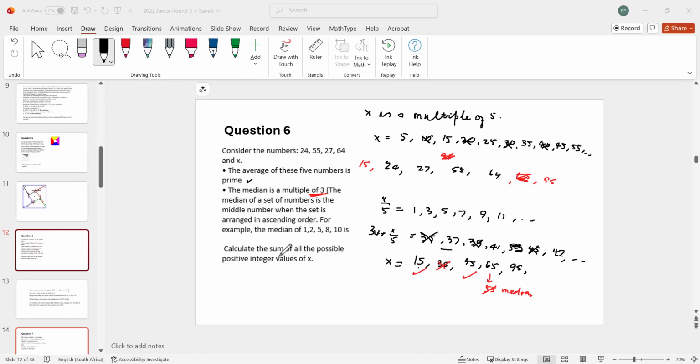So they ask to calculate the sum of all the possible positive values for x. So the sum is equal to only 2 of them, 15 and 45. So the answer is 60.